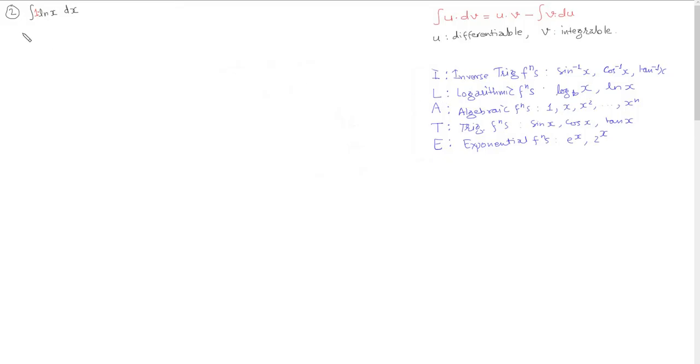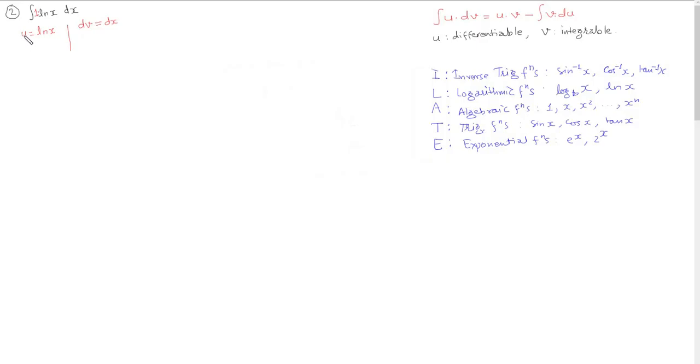So let us consider u to be ln of x. While considering ILATE, you can see that the logarithmic function comes before the algebraic function. That's why we suppose u to be ln of x. Then the remaining quantity 1 times dx should be considered as dv. dv equals dx. Thus we get this form, integration u times dv.